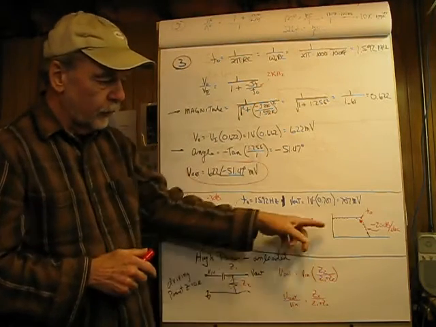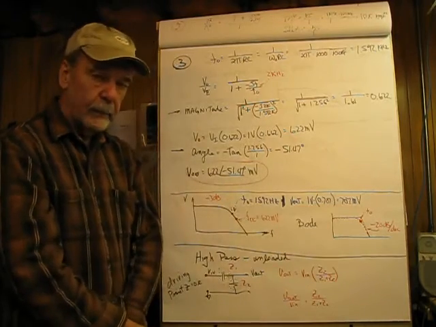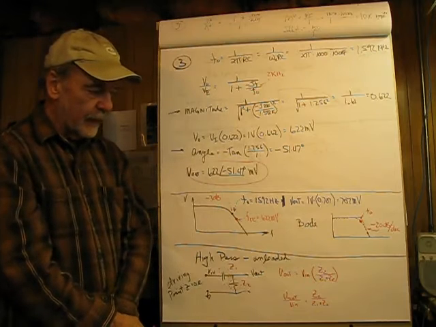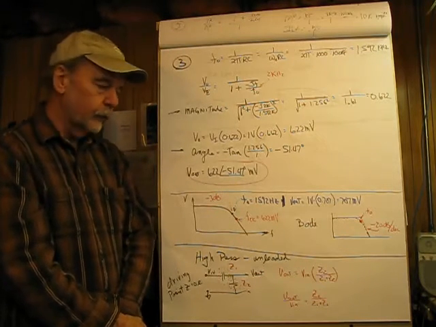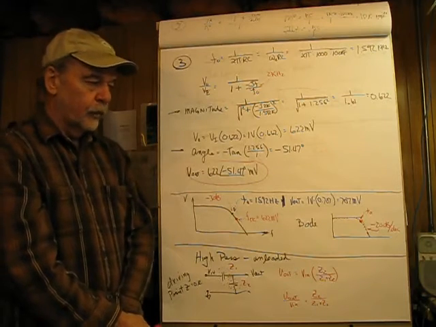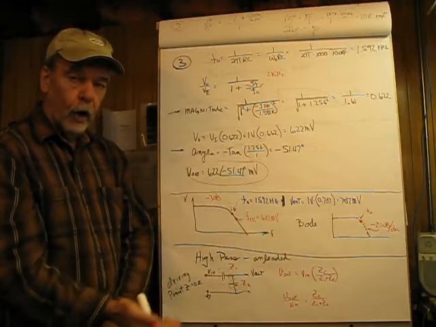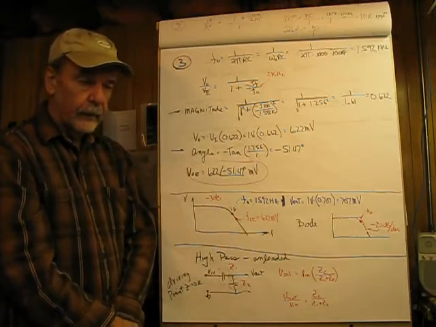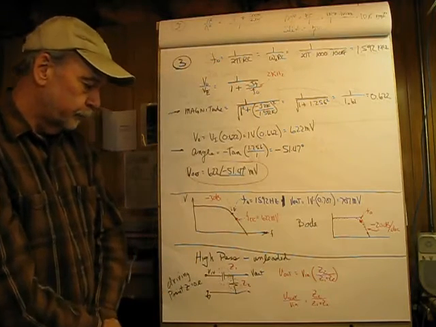So a high-pass filter would actually have a roll up of plus 20 dB per decade. So anytime you're dealing with a single time constant filter, meaning one capacitor and a resistor or one inductor and a resistor, you're always going to be talking about 20 dB per decade, either roll off or roll up, or 6 dB per octave, and an octave is a factor of 2, roll off or roll up.